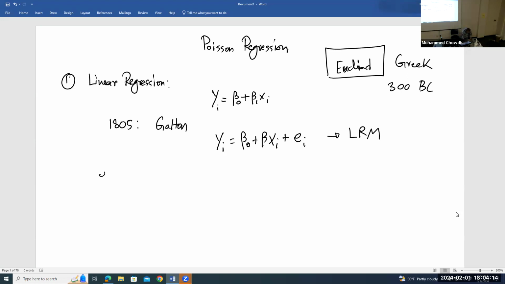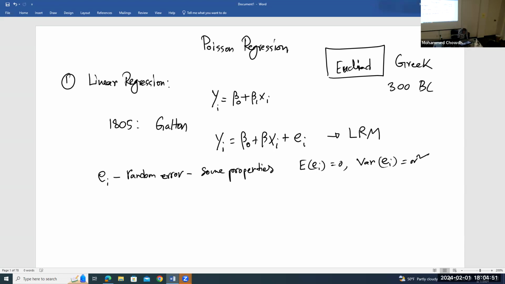So ei has certain properties. This is called the random error, which has some properties. So what are the properties? The mean of error is equal to 0 and the variance of error is equal to sigma square.